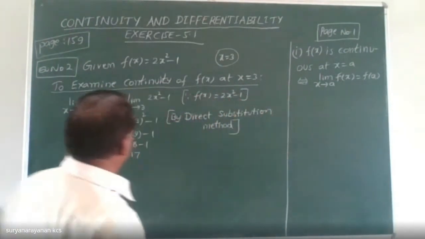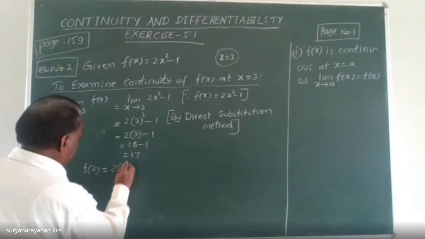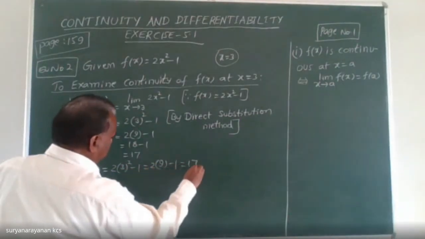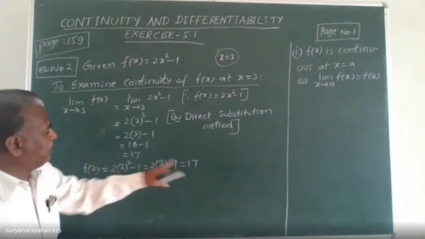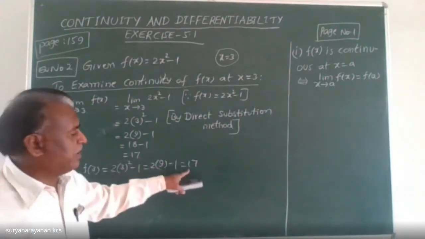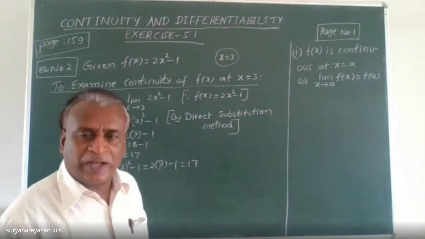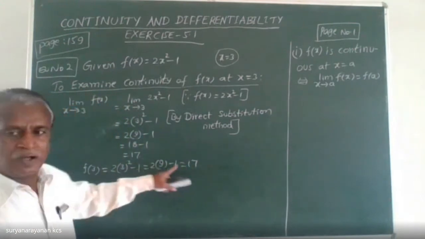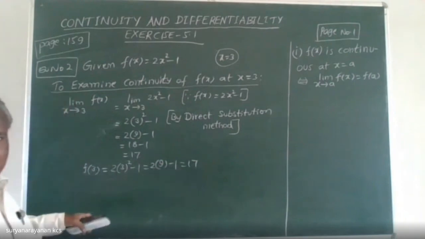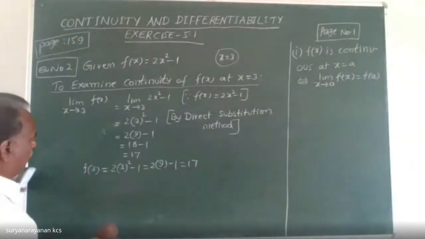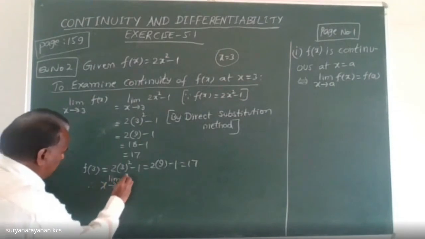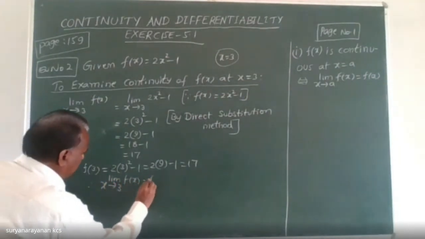So 2 into 3 square minus 1, 2 into 9 minus 1, that is equal to 17. If you compare these two values, are they equal or not? Yes, sir, they are equal. Therefore, as x tends to 3, limit f of x is equal to f of 3.